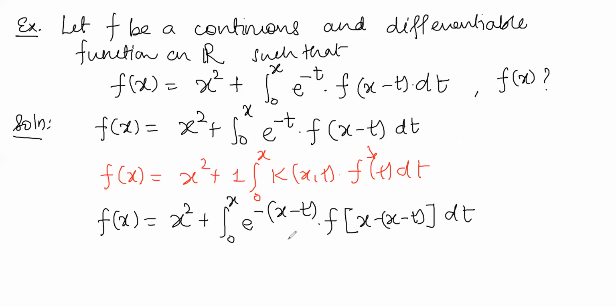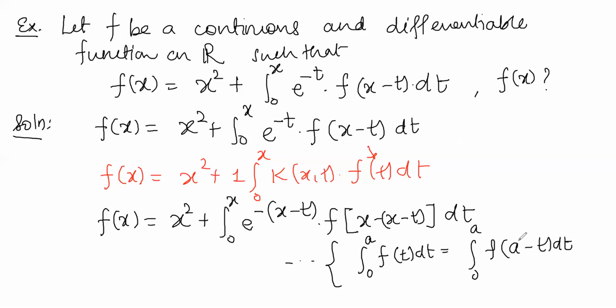Most of you who are confused about what I have done, just recall this. Integral 0 to a of f of t dt is nothing but integral 0 to a of f of a minus t dt. The most important formula which you have learned in your +2 level.